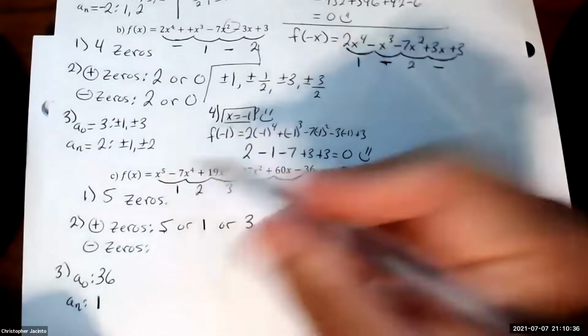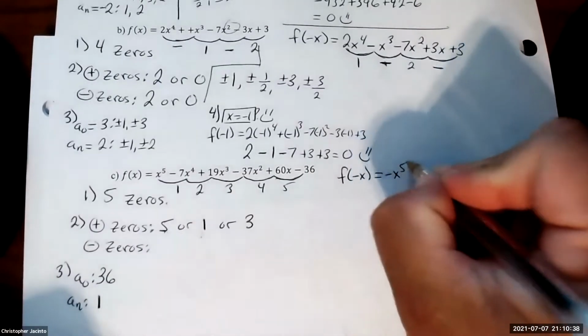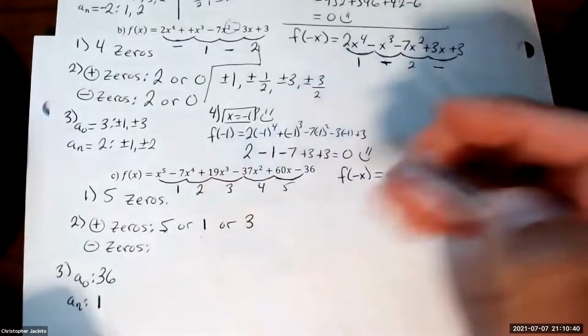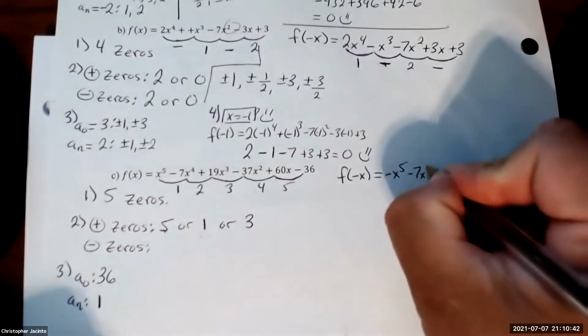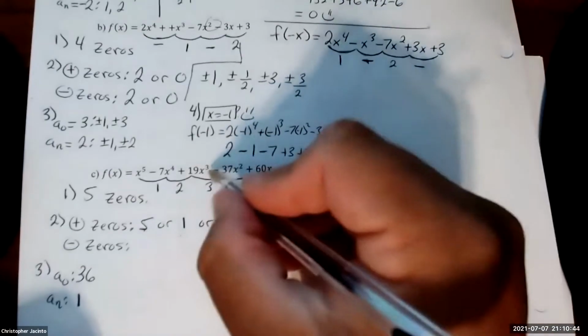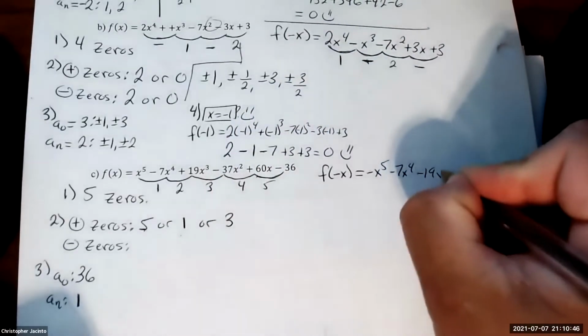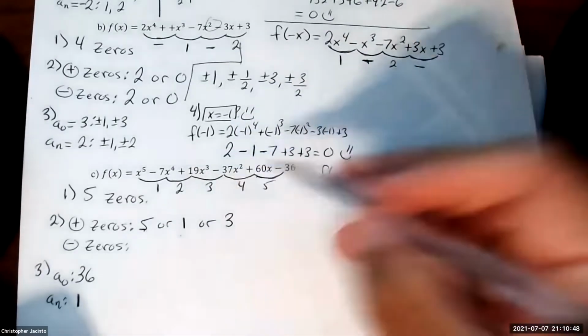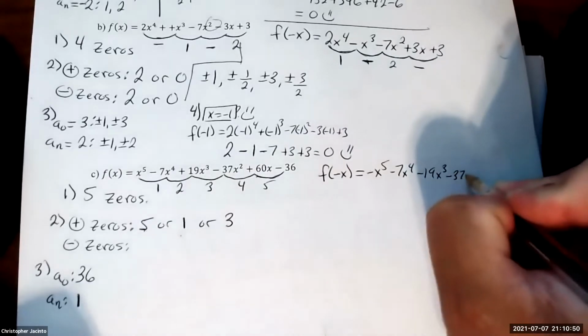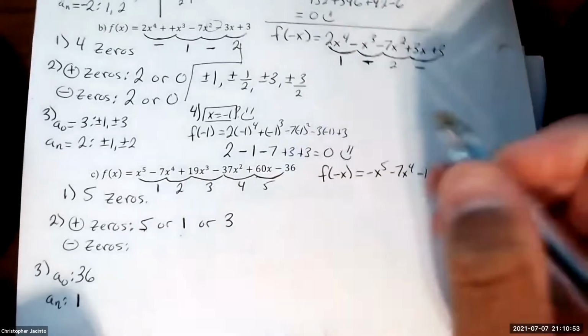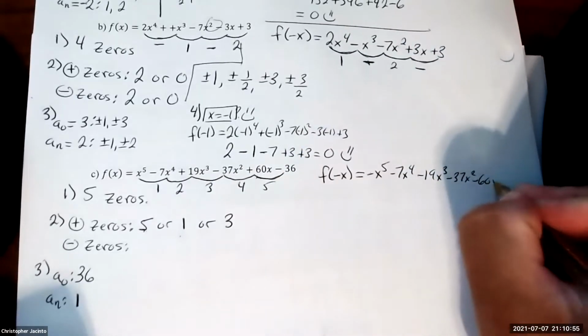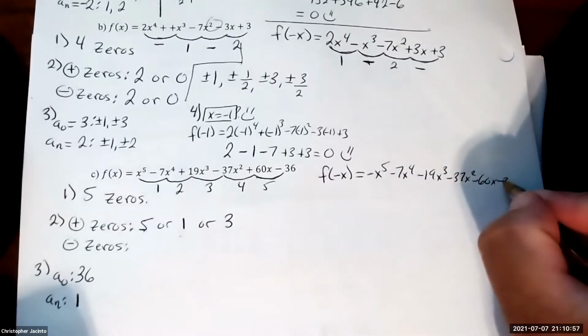So 5 is odd, so that's going to change the sign. 4 is even, so that stays the same. This is odd, so it's going to change the sign. This is even, so it stays the same. This is odd, so change the sign. And this one stays the same.